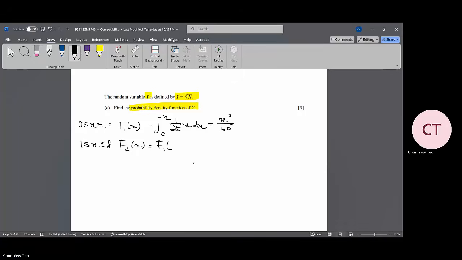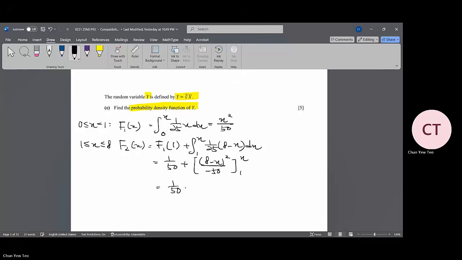Okay. So if you put 1 inside, then plus the integral from 1 until x of a multiplied by x minus x. So it will be 1 over 50 plus the x minus x squared divided by negative 50, from 1 to x.